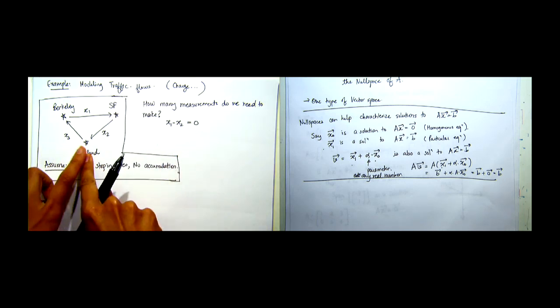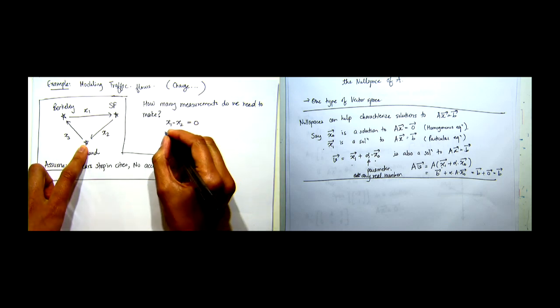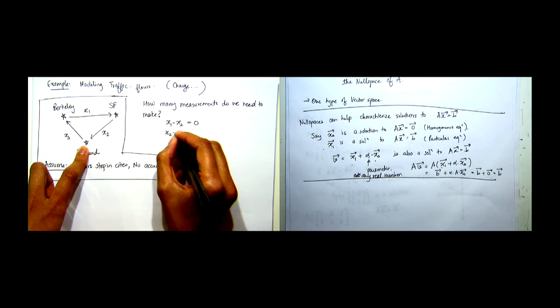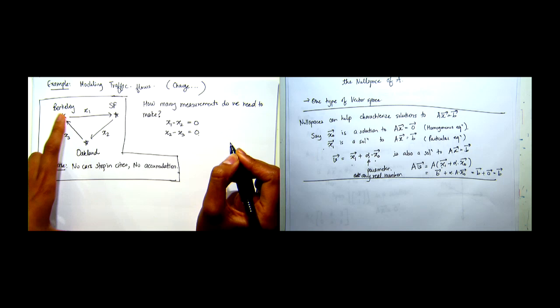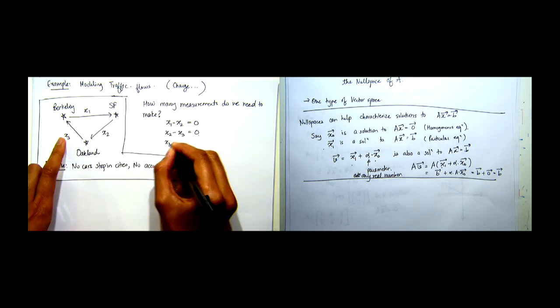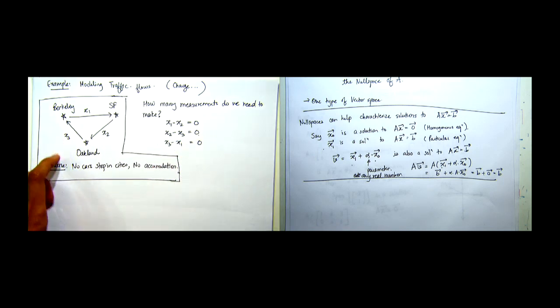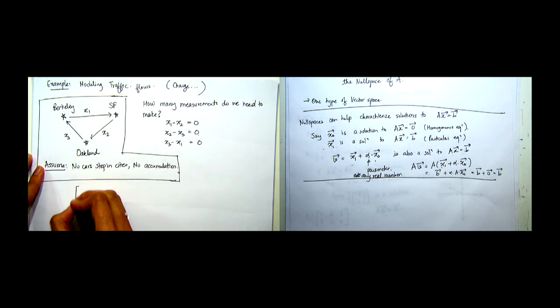What can I say for Oakland? Anyone? X2 minus X3 is equal to 0. And for Berkeley, I can say X3 minus X1 is equal to 0. And now, since we're in 16A, we're going to write this as a matrix.